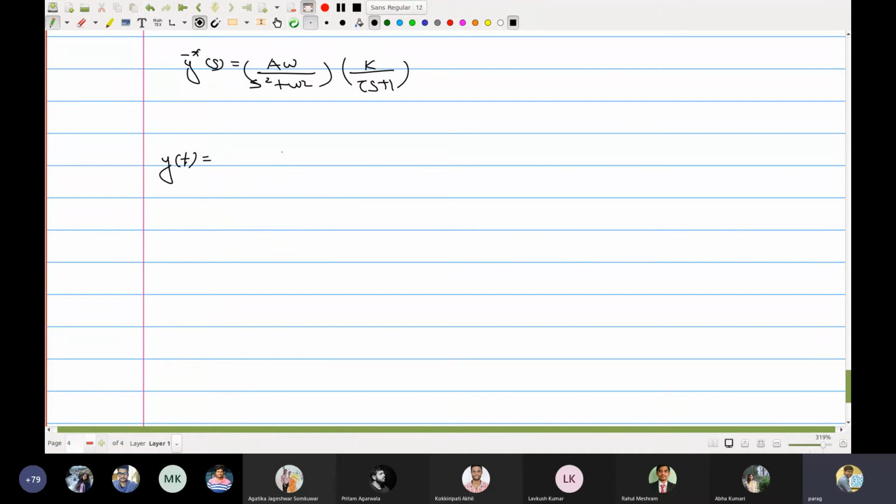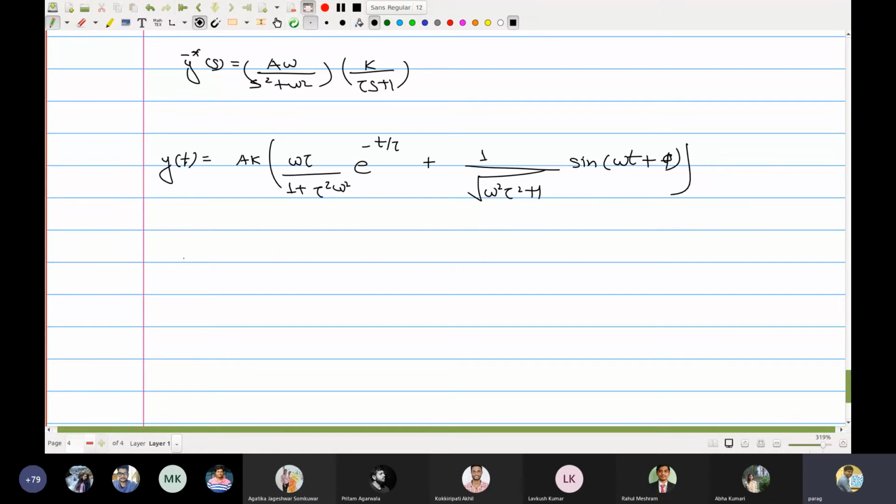This will be equal to a k omega tau upon 1 plus tau squared omega squared e to the power minus t upon tau plus 1 upon root over omega squared tau squared plus 1 sine omega t plus phi.